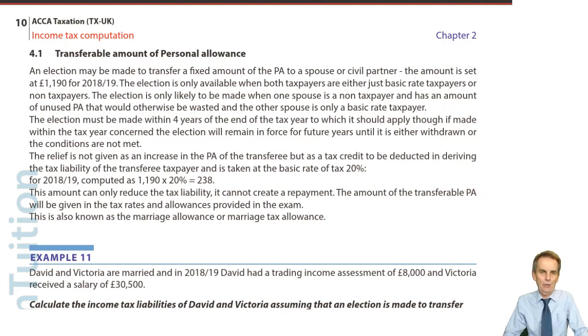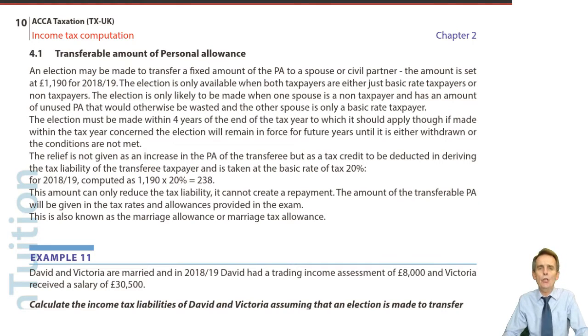We know that the personal allowance is £11,850. That's a tax-free income figure for the 2018-19 tax year. Think about the personal allowance, again an old adage here: you either use it or you lose it. So if, for example, in a tax year, I've only got £6,000 worth of income, then I've wasted £5,850 worth of the personal allowance.